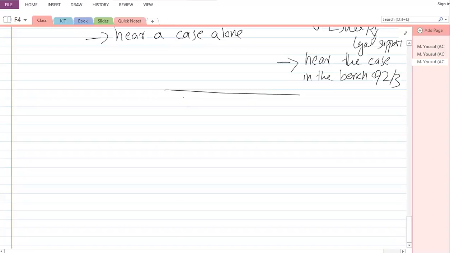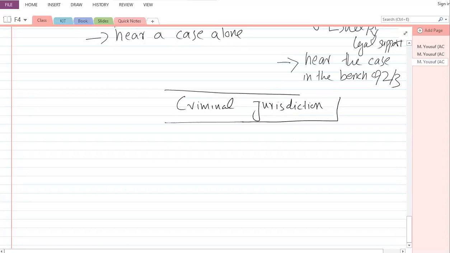So criminal jurisdiction means the power of magistrate court to hear a criminal case. What is the authority of magistrate court regarding criminal cases?